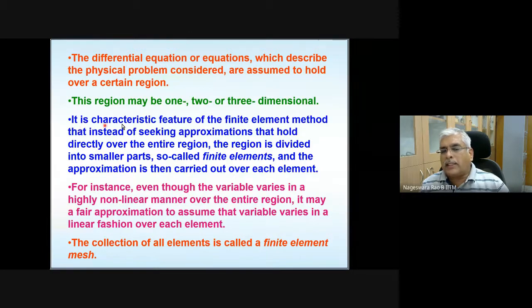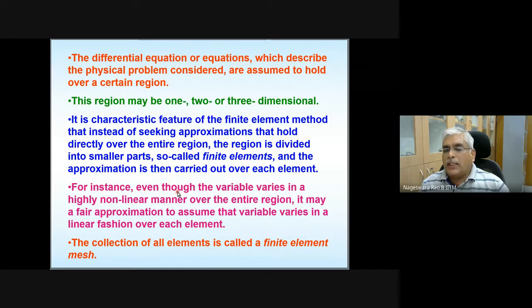It is a characteristic feature of the finite element method that instead of seeking approximations that hold directly over the entire region, the region is divided into smaller parts, so-called finite elements, and the approximation is then carried out over each of these smaller parts, each of these elements.